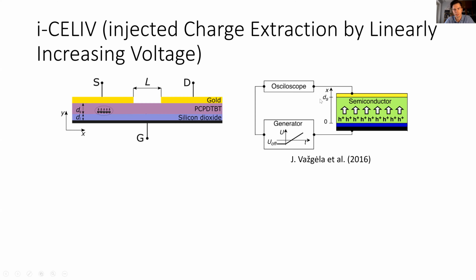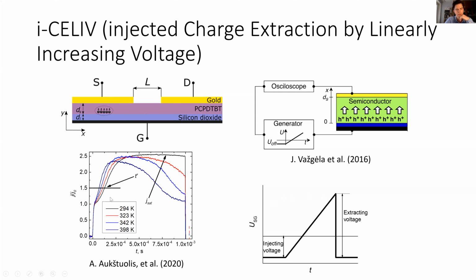These are the transients from our sample, for different temperatures. Injecting voltage and extracting voltage should be enough for the transients to reach the 1.5 initial step, or 2 times the initial step, which is here, which is the initial capacitance step from the ramp signal.